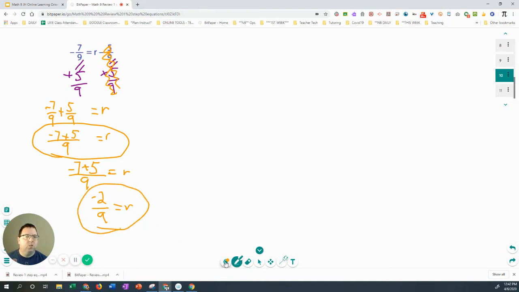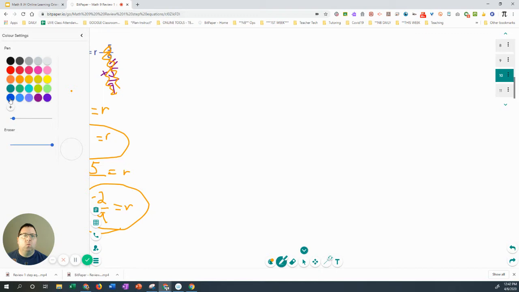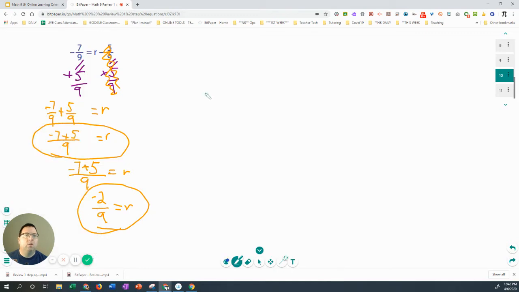Of course we can check that. Let's use blue here. Checking it means taking the original equation and swapping in, since we now have something to substitute in. We have negative 2/9, sorry, that's a wonky looking negative sign, subtract 5/9.